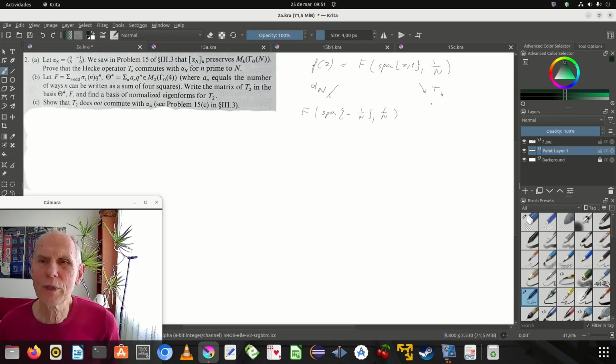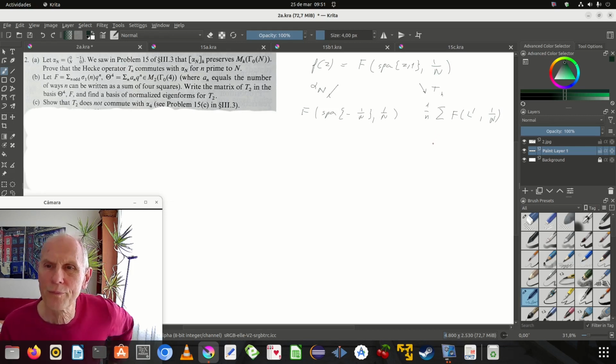And then here we get all the possible sublattices, because lowercase n and capital N are co-prime.